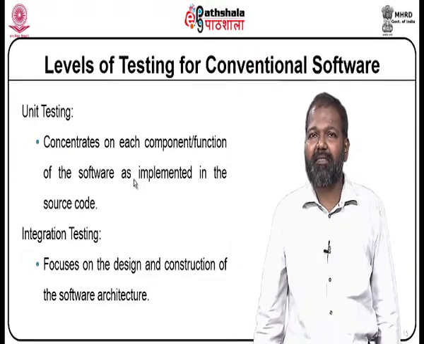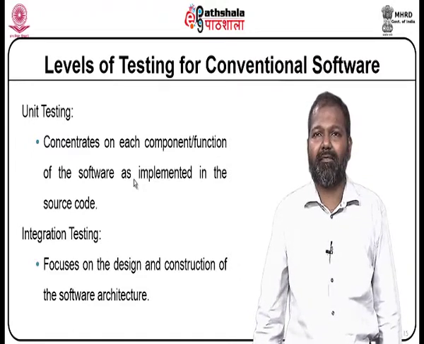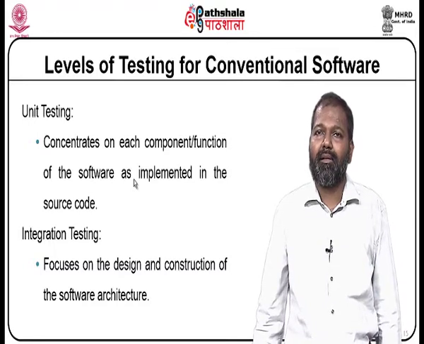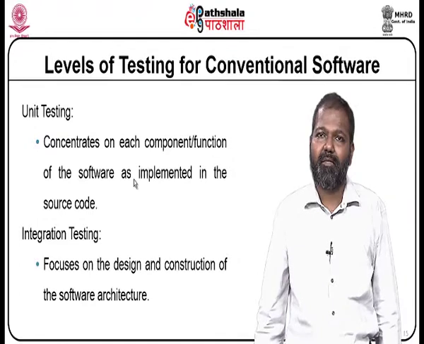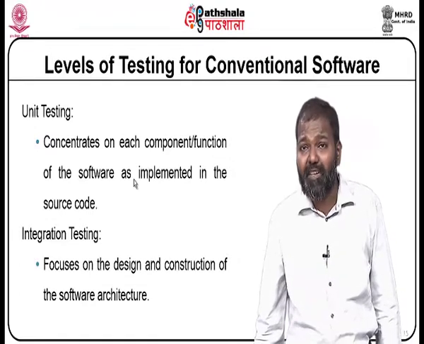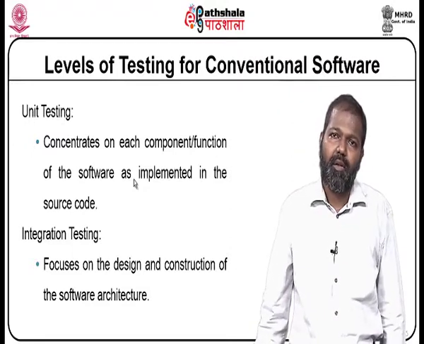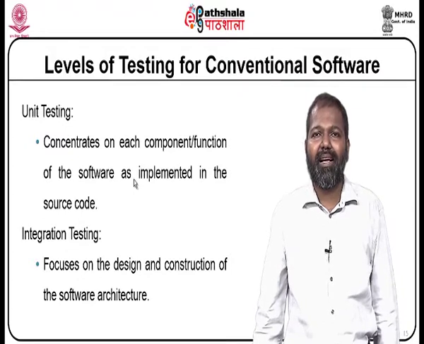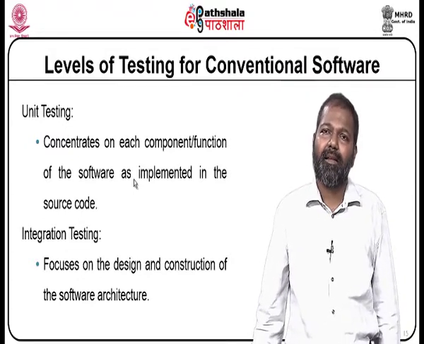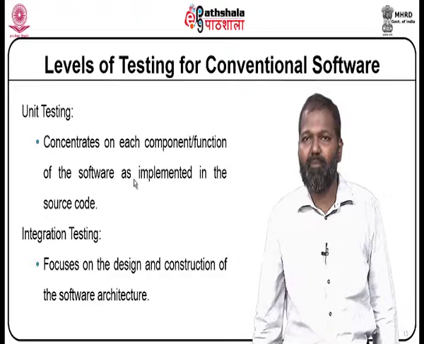We are aware that while designing, we adopt a divide and conquer strategy. In architectural design, we identify the modules and the relationships among the modules. Each module can be developed independently by different programmers.